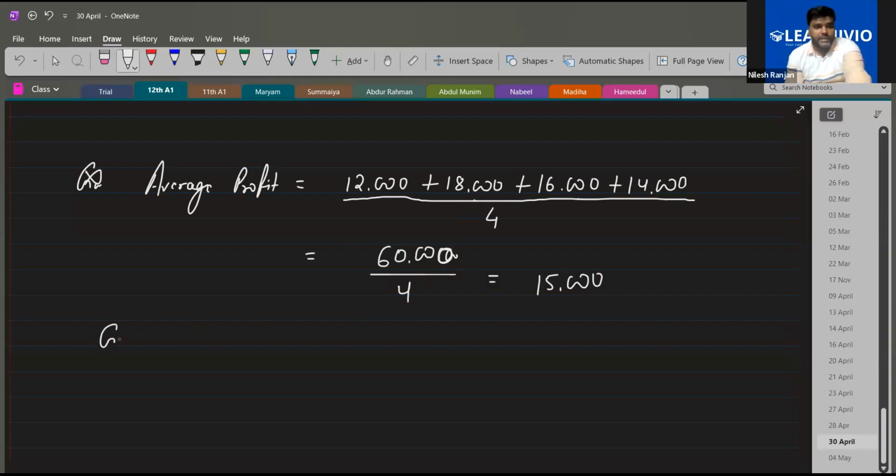Now, goodwill will be calculated with the number of years purchase. So average profit multiplied by the number of years of purchase.